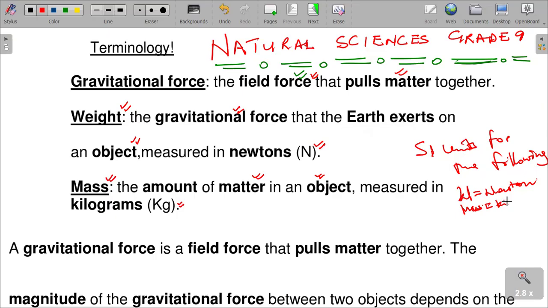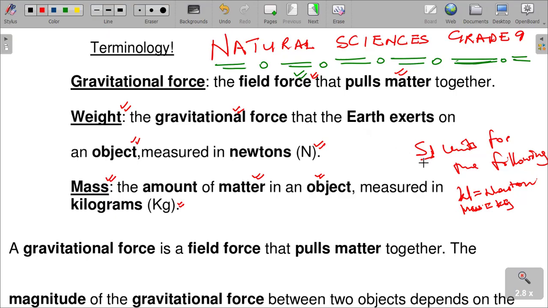Mass is kgs. And gravitational force is measured in what? In newtons.